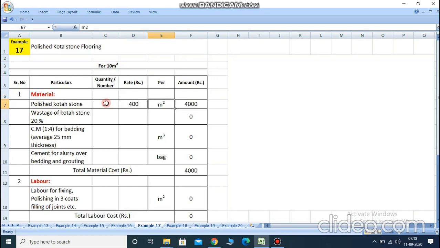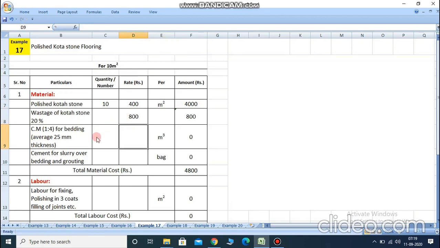So we got the answer 4000 rupees. Then wastage of quota stone at 20%: 4000 multiplied by 20% is 800 rupees.